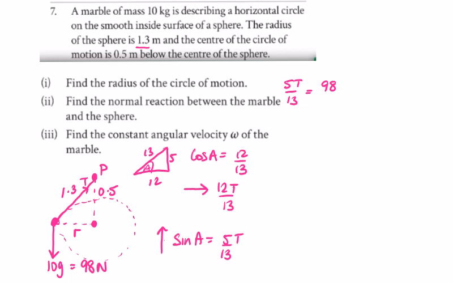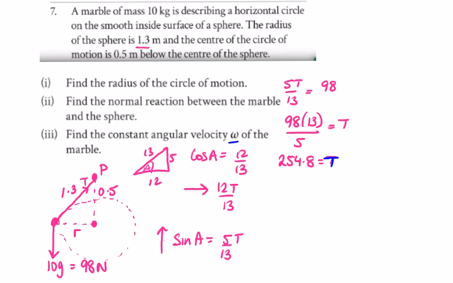So 13 doesn't go into 98, I can use the calculator. 98 by 13 over 5 will be the tension. So 98 over 13 times 5 is 254.8, which is the tension in the string. The normal reaction is this tension here in the string, and then the constant angular velocity w.